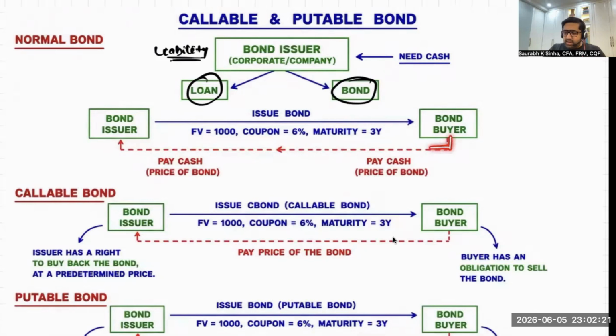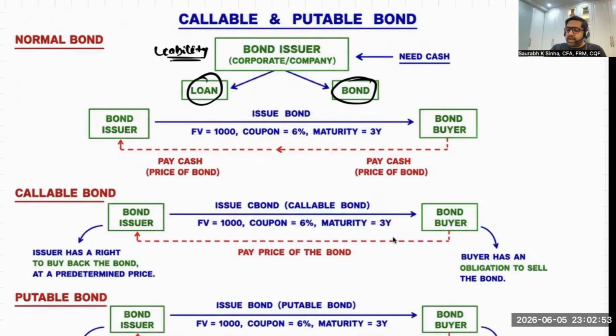By valuing it correctly, they will pay the price of the bond, that is cash. So a bond issuer will have cash and also a liability, because they have issued a bond. That is the reason why any bond issuer issues a bond: because they would need capital, they would need cash. Very simple reason. Now, how would you know the price of the bond?